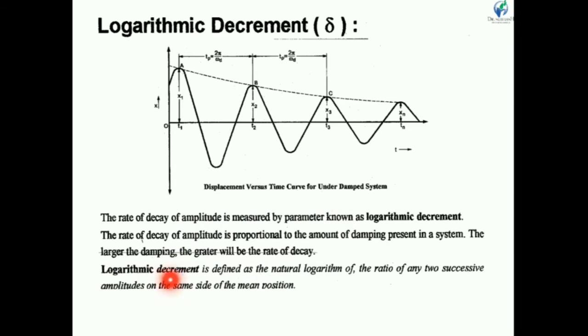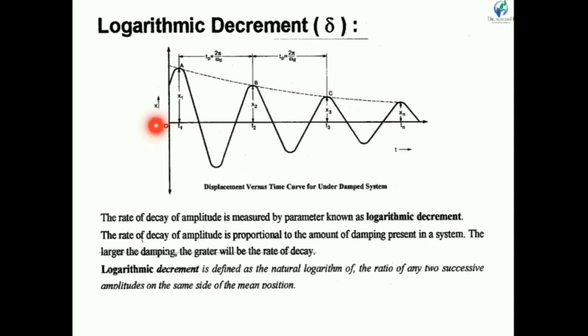So let us see the definition: logarithmic decrement is defined as the natural logarithm of the ratio of any two successive amplitudes on the same side of the mean position.